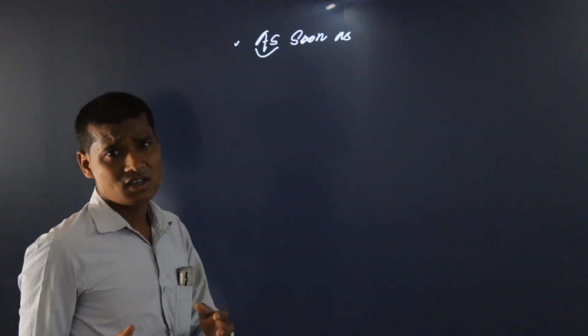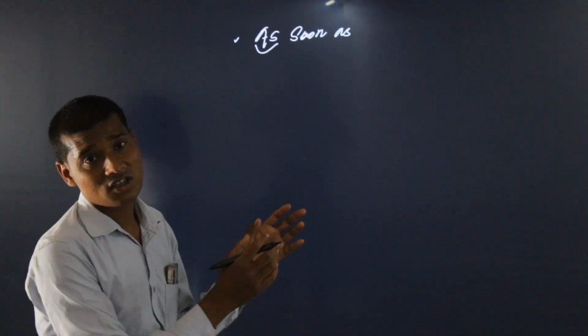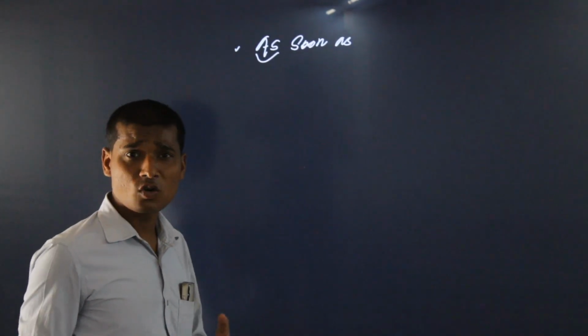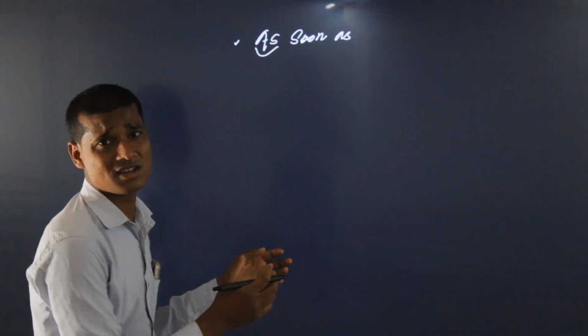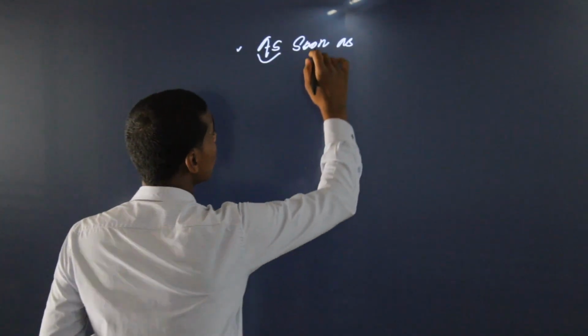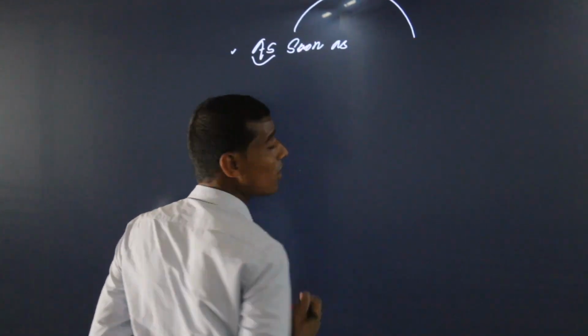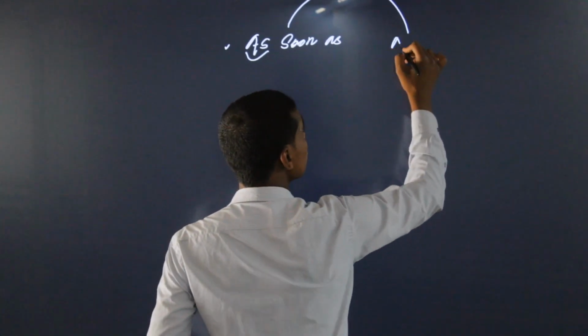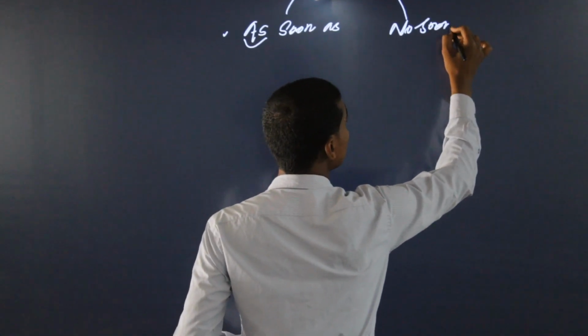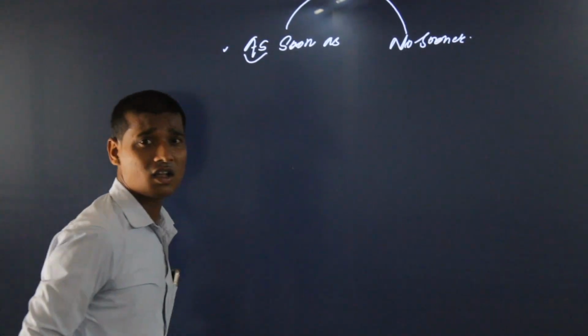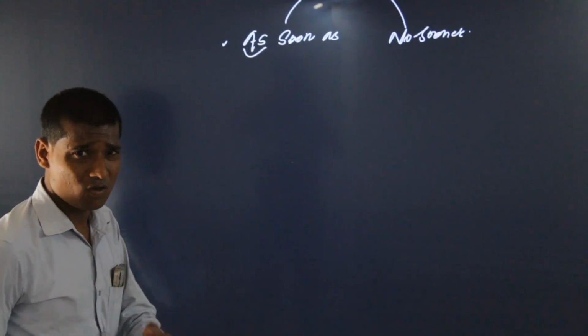You might have seen that in your sentences sometimes we write "as soon as." If you find this sort of connector in a sentence and you are told to transform it, in that case you have to replace "as soon as" with "no sooner." Let's take one example.